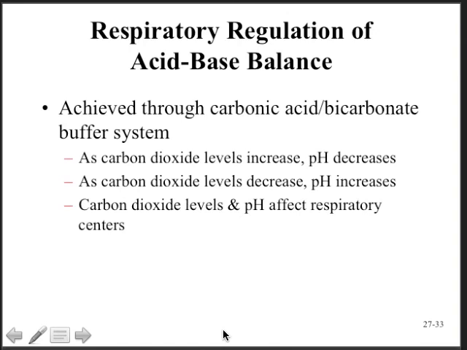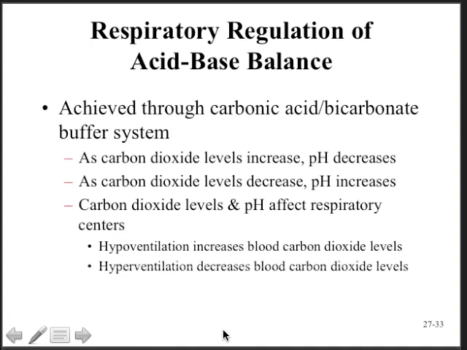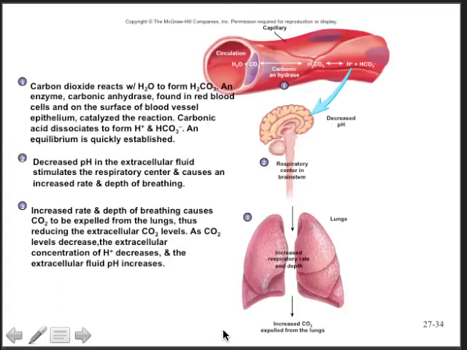Carbon dioxide levels and pH are going to trigger respiratory responses. Hypoventilation is going to increase blood CO2 levels, and the result of increasing blood CO2 will ultimately be a decrease in pH, while hyperventilation decreases blood CO2 levels, and the result is going to be an elevation in the blood pH, again because of that shifting carbonic acid equilibrium.